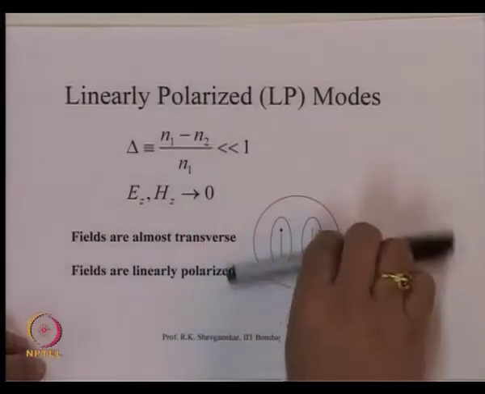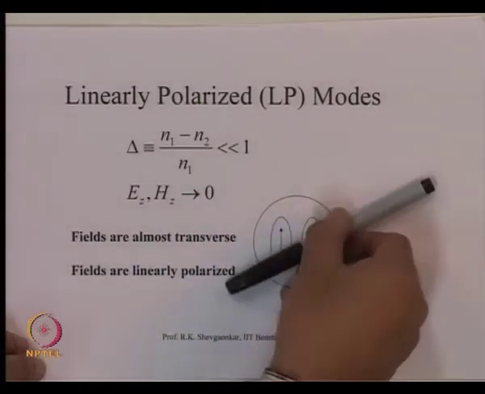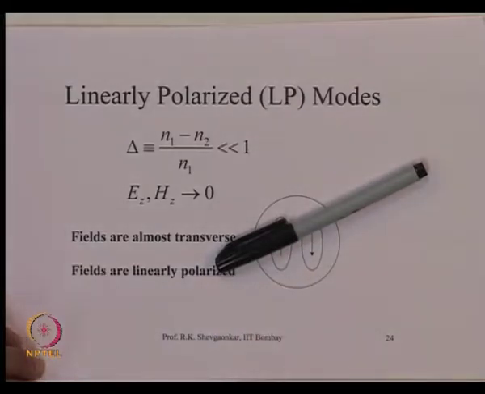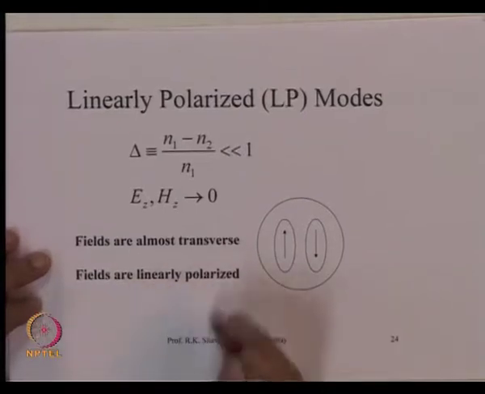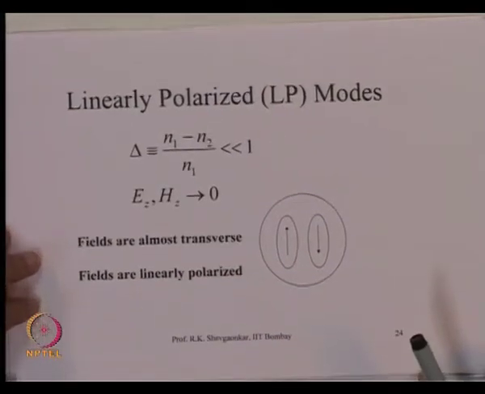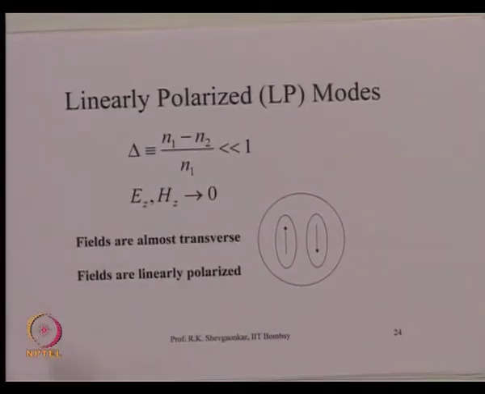It may be positive or negative, but the field will not be oriented in this way. These fields we then call linearly polarized fields. So, two things essentially happen when we have a weakly guiding approximation: the fields become almost transverse and they become almost linearly polarized.